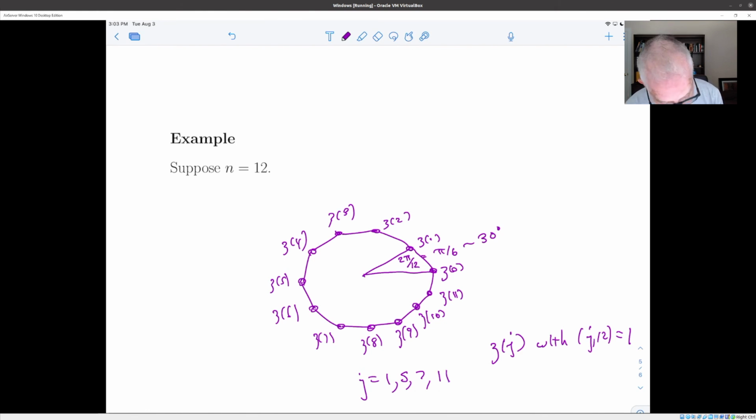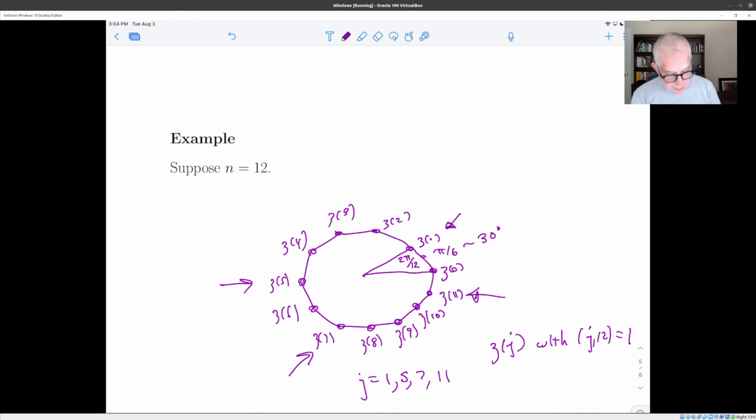So 1, which is here, 5, which is here, 7, which is here, and 11, which is there. Those are the roots that correspond to generators of this cyclic group. And everything else, if you take powers of it, generates a smaller group.